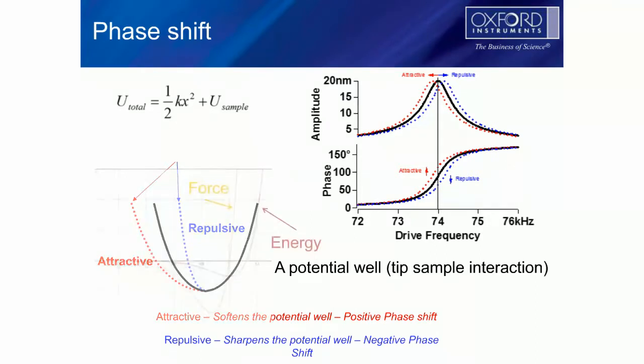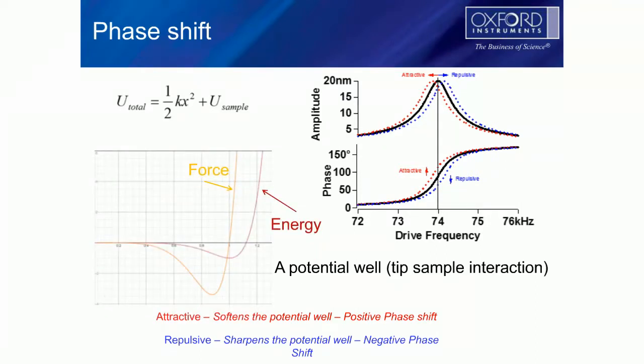The last little bit on this slide is I'm going to bring in something to try to make it a little more clear where this is coming from. If we differentiate the energy curve with respect to the tip-sample separation, we get the force. On the lower part of this curve, we've got a negative force, an attractive force.